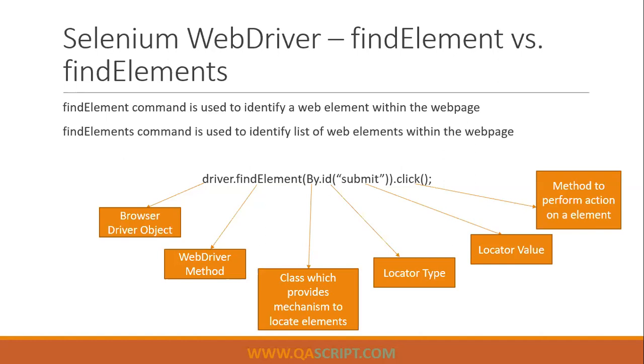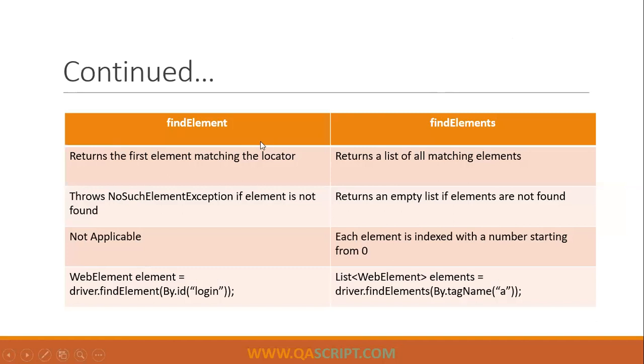So let's now have a look at the differences between find element and find elements. As I said, find element only returns a single element which matches the locator. It ignores all the other elements if there are multiple elements present in the page with the same locator.